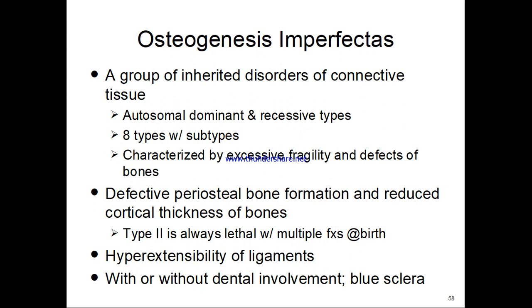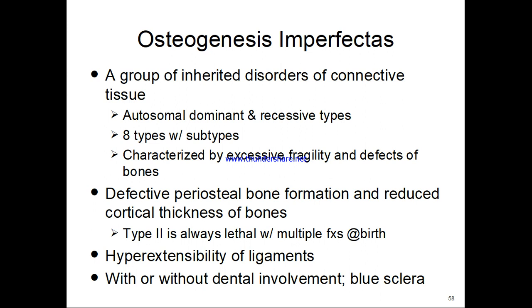Now we're going to talk about the osteogenesis imperfectas. So osteogenesis imperfectas are a group of inherited connective tissue disorders. Some of the types are genetically dominant and others are recessive. There are 8 types with subtypes, and we're not going to go through all of them, but we are going to bring out a few of the main ones.